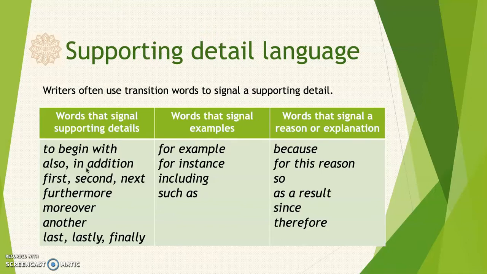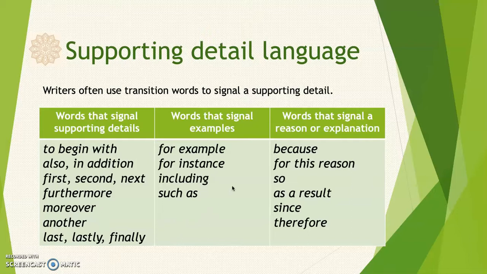You could also see things like "in addition" or "furthermore," or "another," such as "another reason," or "last." These are sort of an attempt to organize the supporting detail sentences in some kind of structure or order in the middle of the paragraph.